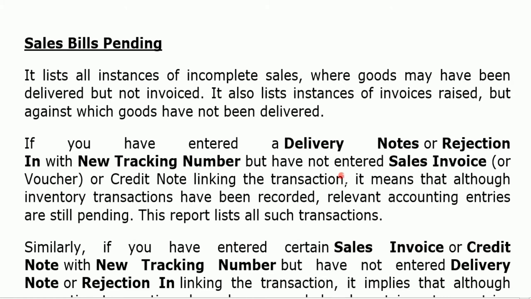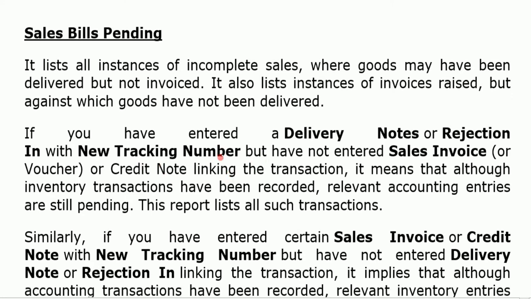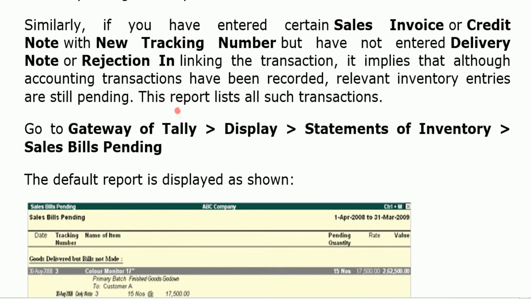That means you have sold the item, maybe delivered the item to the customer, but not given the sales bill. That concept it shows in Sales Bills Pending with the help of the tracking number concept. The method is: go to Gateway of Tally, Display, Statements of Inventory, Sales Bills Pending.